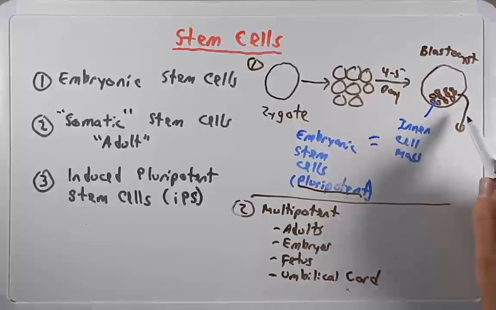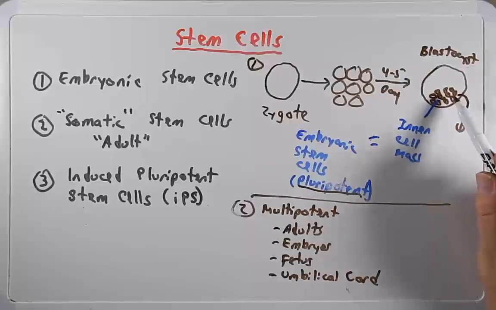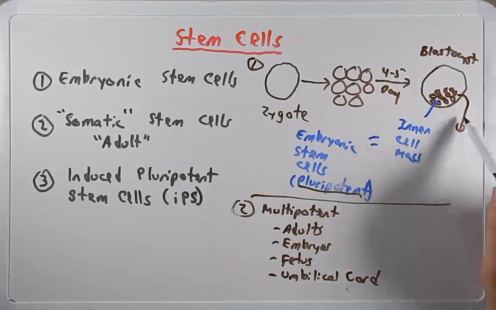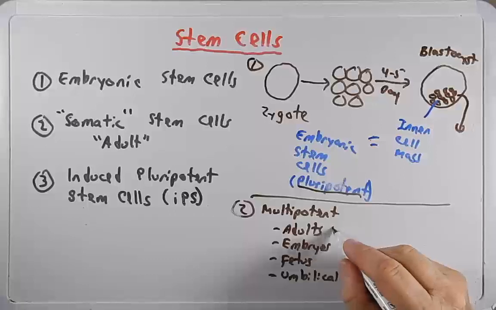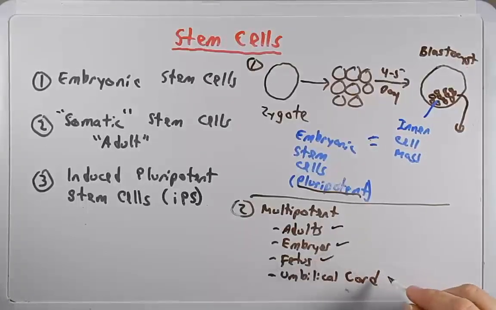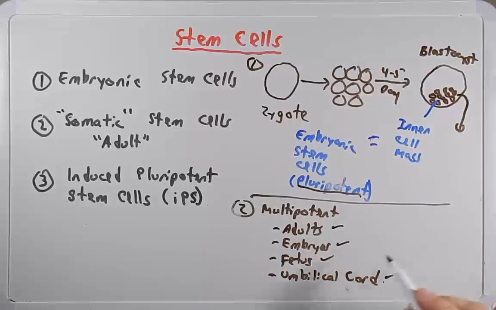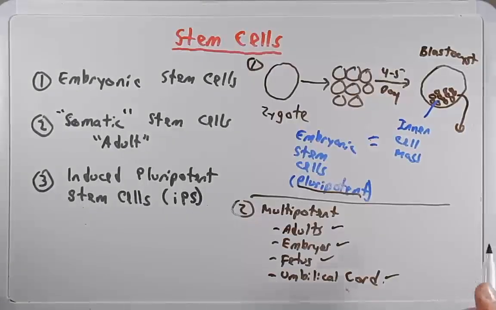So in the early embryo, when some of these cells specialize and become pancreatic stem cells, they've lost some of their potential. So again, adult, embryo, fetus, and umbilical cord, all of these contain somatic stem cells.